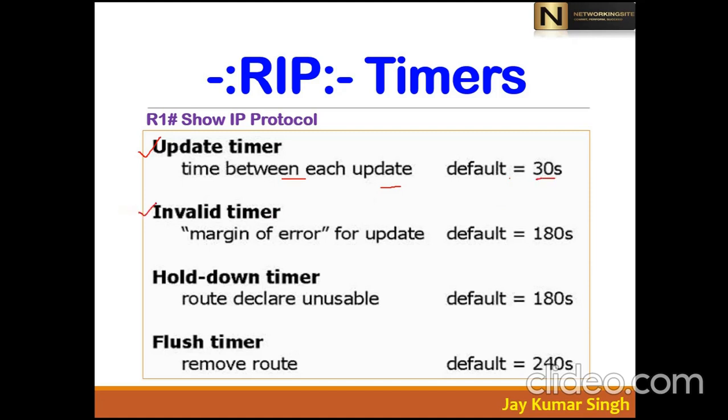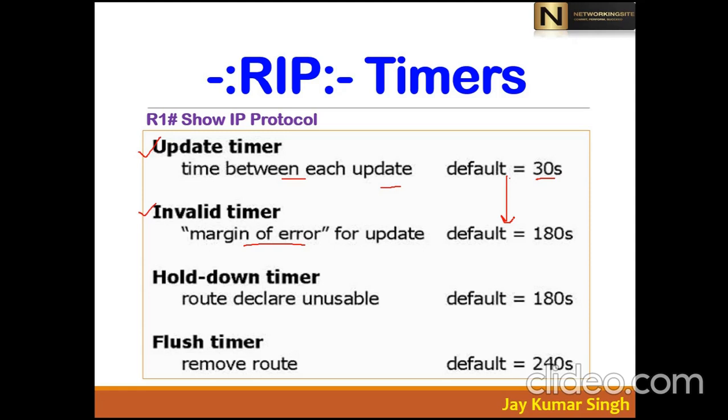Invalid timer. Invalid timer is known as the margin of error of the update. It means if I am not receiving this 30-second update from my neighbor, how long will I wait before saying that my neighbor is dead.